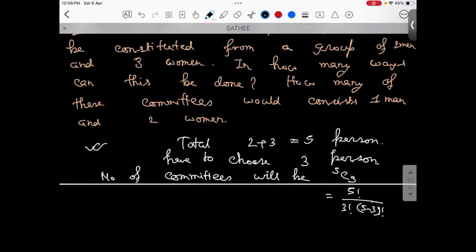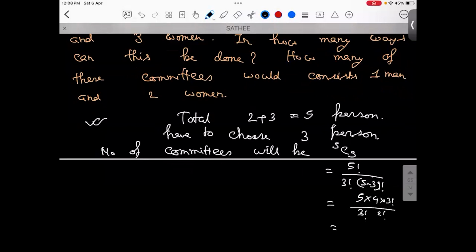And this will give us 5 into 4 into 3 factorial divided by 3 factorial into 2 factorial. Fine. This will give us 5 into 4 divided by 2, that is equal to 10. So only 10 committees can be formed by choosing 3 persons among 5.